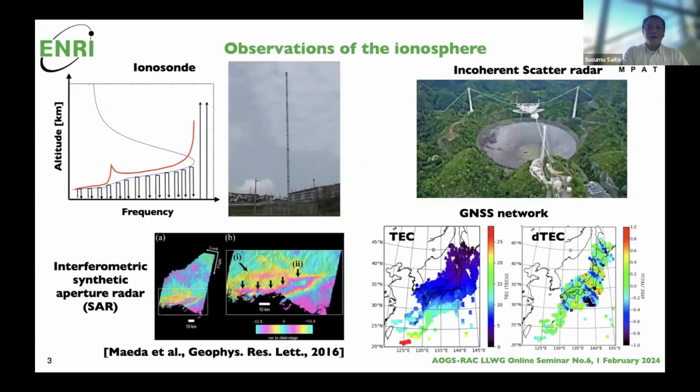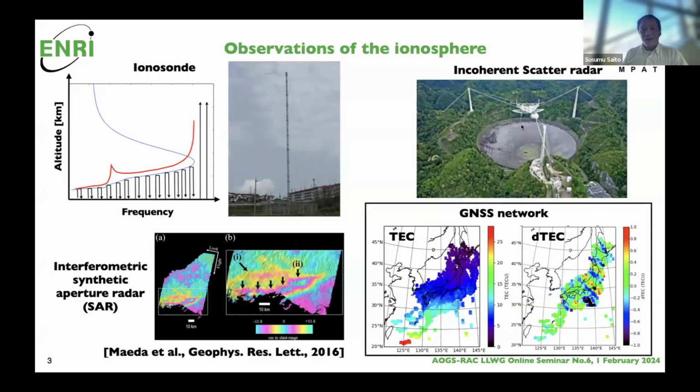So let's start. We have a number of various techniques to observe the ionosphere. For example, the very classic one, incoherent scatter radar, is very powerful to observe the ionospheric density profile. And these days we can even use synthetic aperture radar measurement to derive the ionosphere.